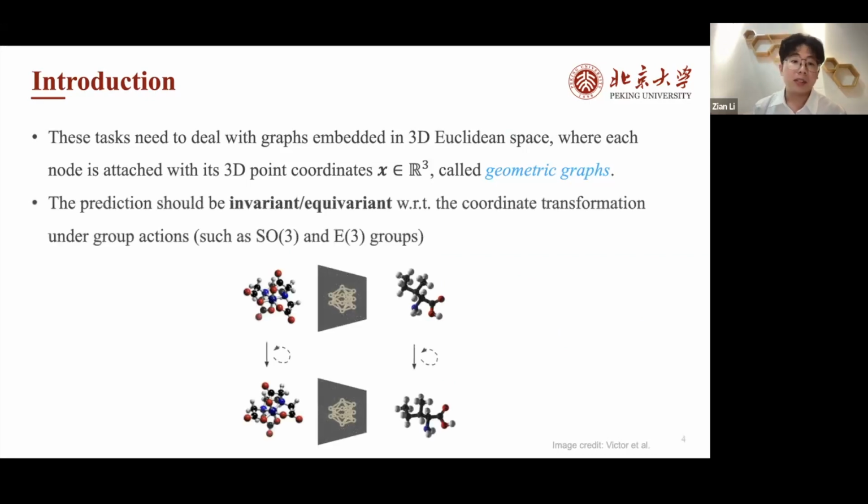I assume the audience in our reading group is already very familiar with the concepts of invariance and equivariance, so I will skip this. It's important to know that we need to ensure invariance and equivariance for better data efficiency and better generalization.